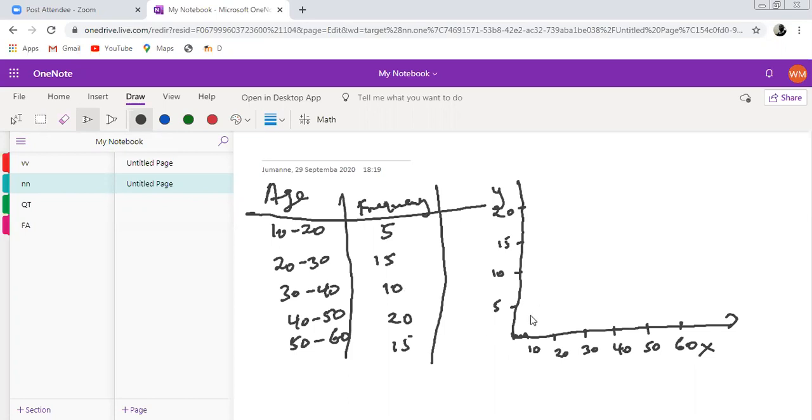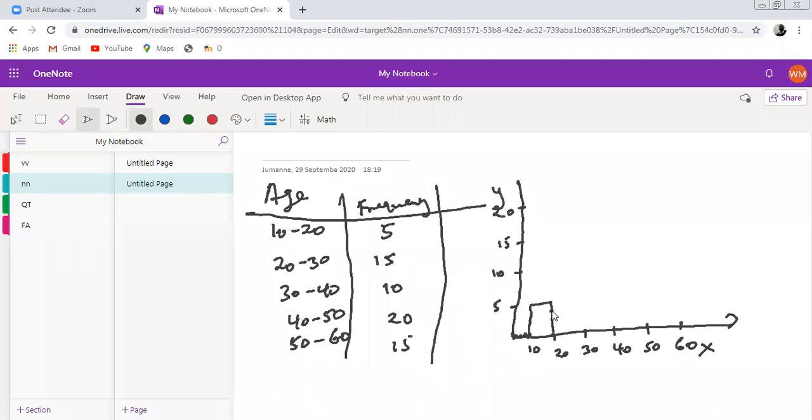So between 10 and 20, we can come here and we draw a bar that is having a height of 5. And we join it up to 20 like that. Then 20 to 30, the height is up to 15.